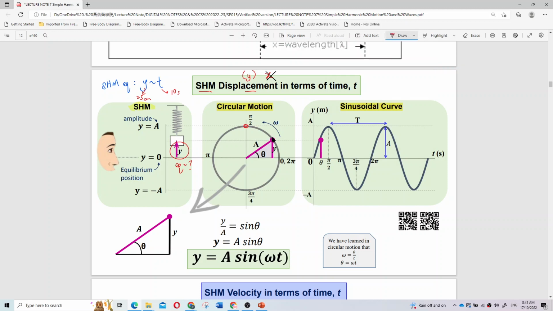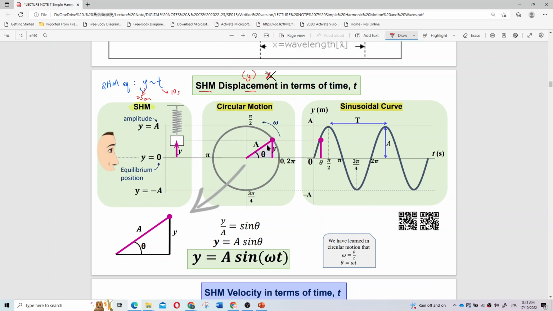If the object has reached this point, this radius becomes the amplitude, isn't it? When the object is over here, this distance is the amplitude. Before that, I want you to look again.